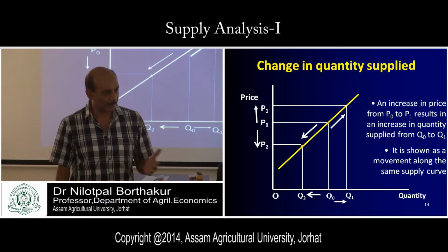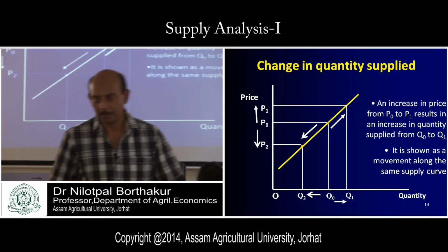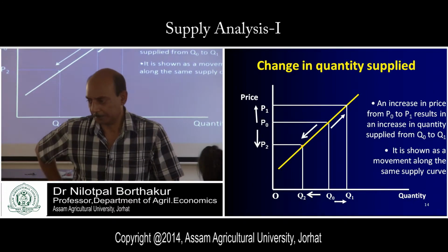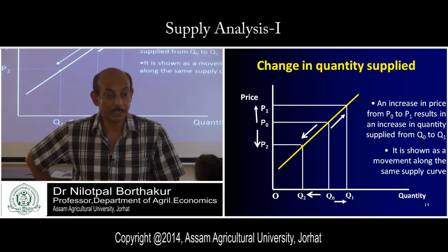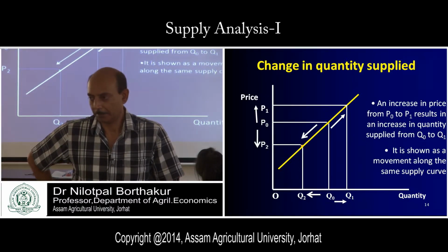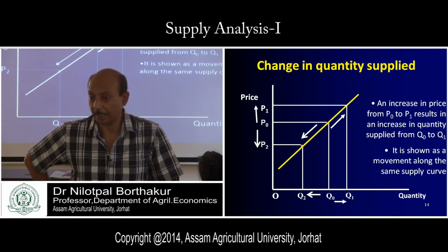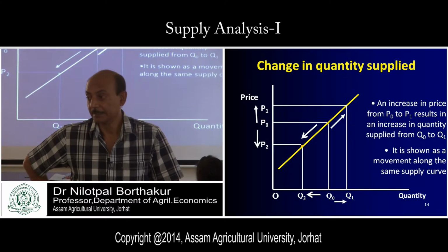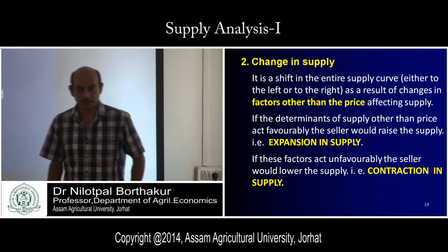And this change in supply can be expressed by a new supply curve either to the right or the left of the original one. And that we call change in supply. But when there are changes in quantity supplied as a result of price, we call it change in quantity supplied.